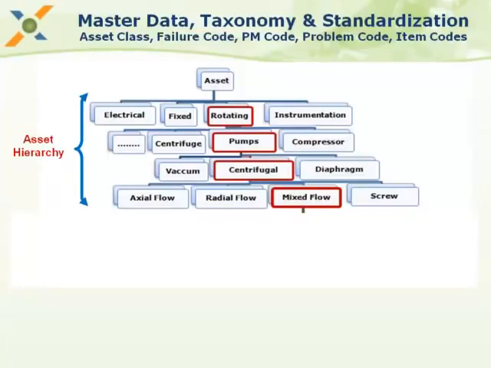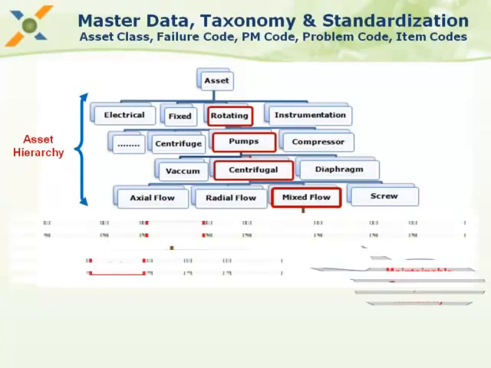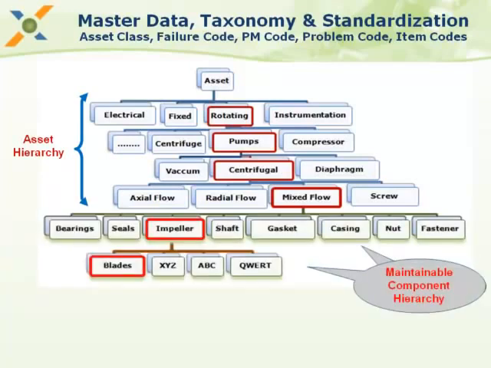Just another example. In some companies it is very important to have a component hierarchy, and if you're really maintaining certain assets, especially more expensive and critical assets, it may be advisable to have a good component hierarchy as well. That will allow you to monitor where we are having maximum problems.